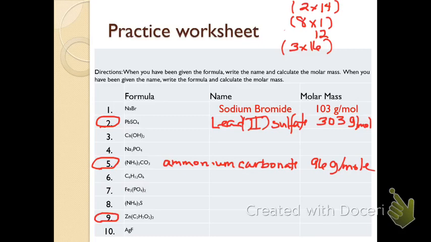All right, this one is zinc, and you don't know it, but I believe that's acetate. So when we look at all the components, we have 1 zinc, and we have C2H3O2 twice. So let's find our periodic table. Find zinc. Zinc rounds to 65.